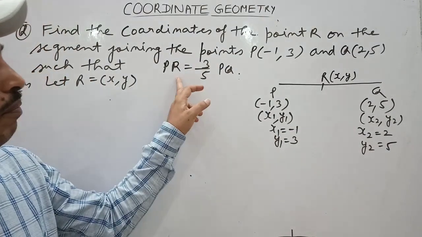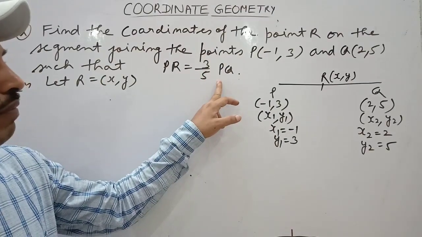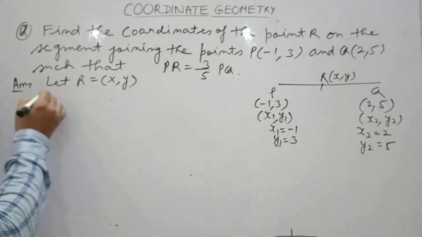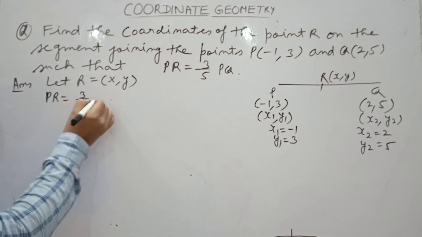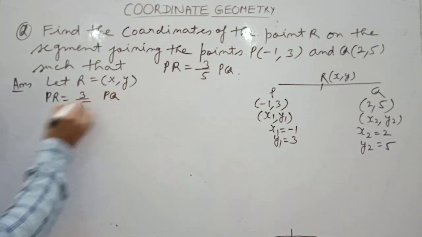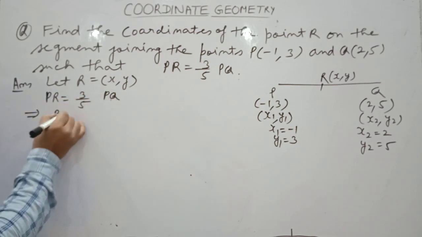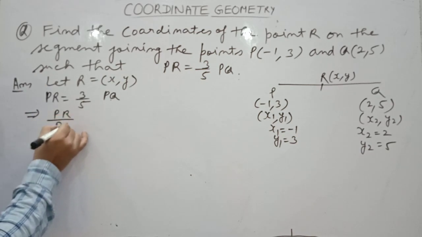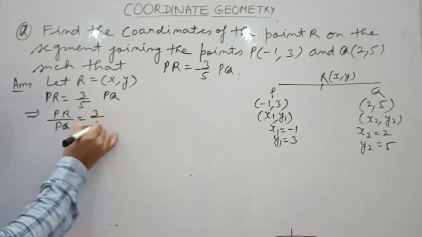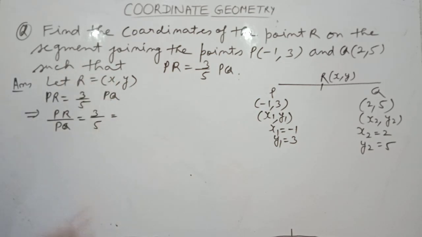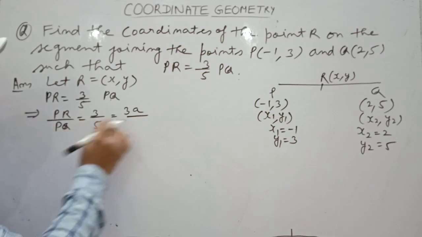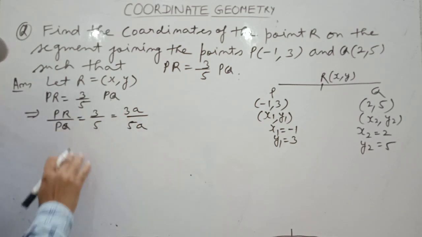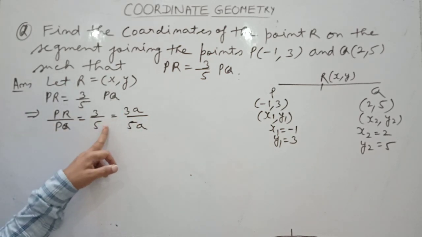What is given? PR equal to 3/5 of PQ. This implies PR upon PQ equal to 3/5. Suppose PR is 3A and PQ is 5A, because this is a ratio.